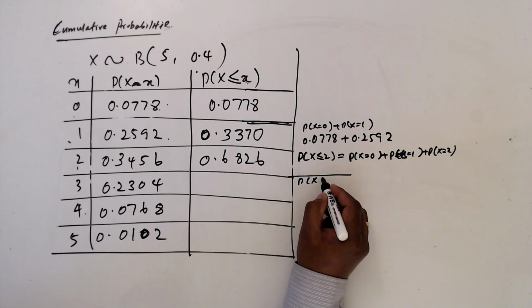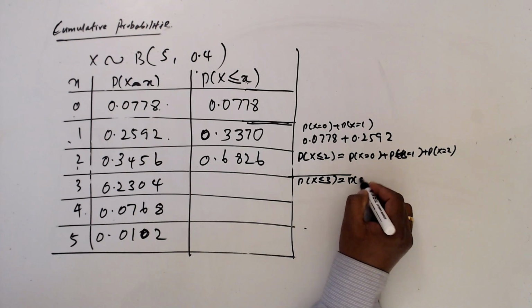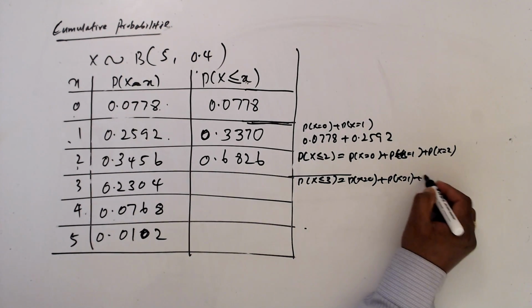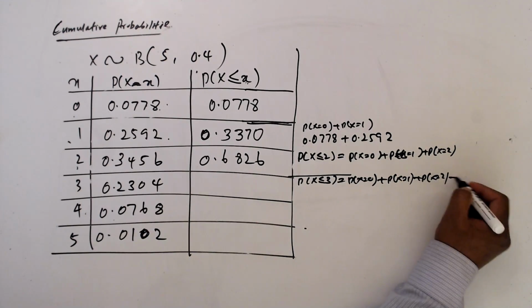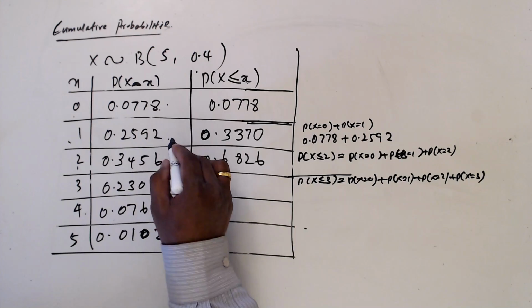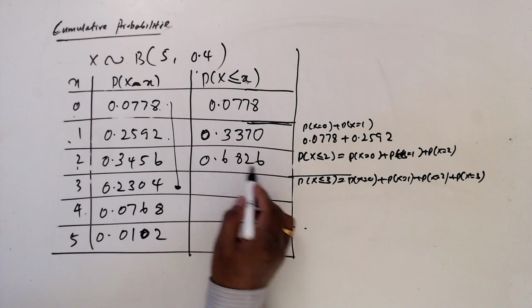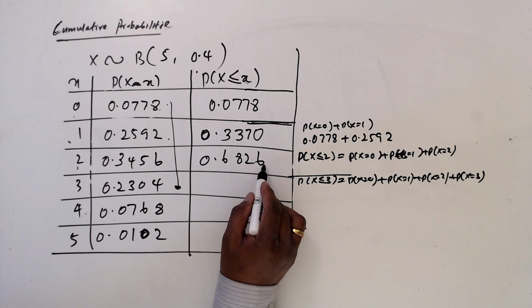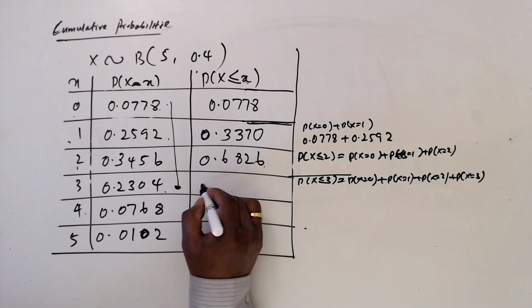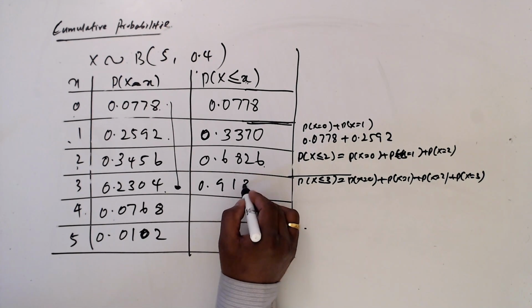And now probability of x equal 3. Probability of x less than or equal to 3. So I want to add probability of x equals 0, probability of x equal 1, and probability of x equal 2, and probability of x equal 3. So instead of adding everything again, I can add this one to here. So I will get the answer 0.9130.